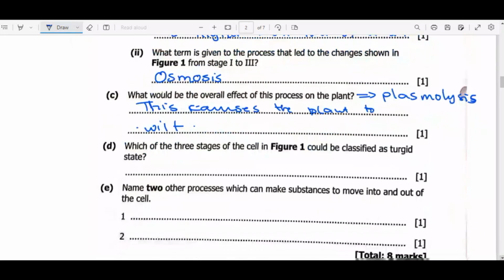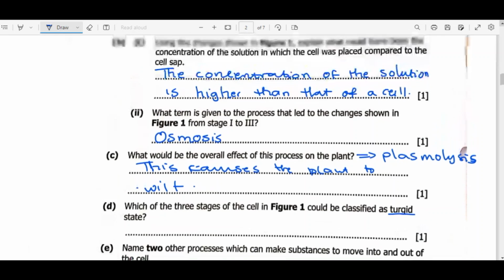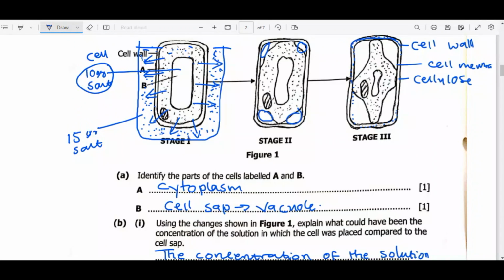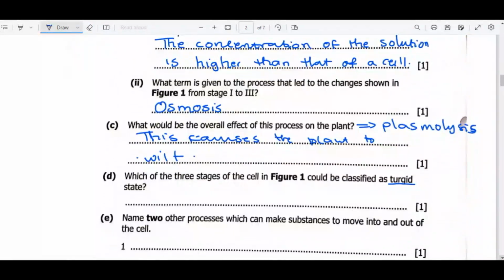Move on to question D. Which of the 3 stages of the cell in figure 1 could be classified as the turgid state? The turgid state is a state where the cell is still in its original state. So we are dealing with stage 1 because nothing has happened yet.